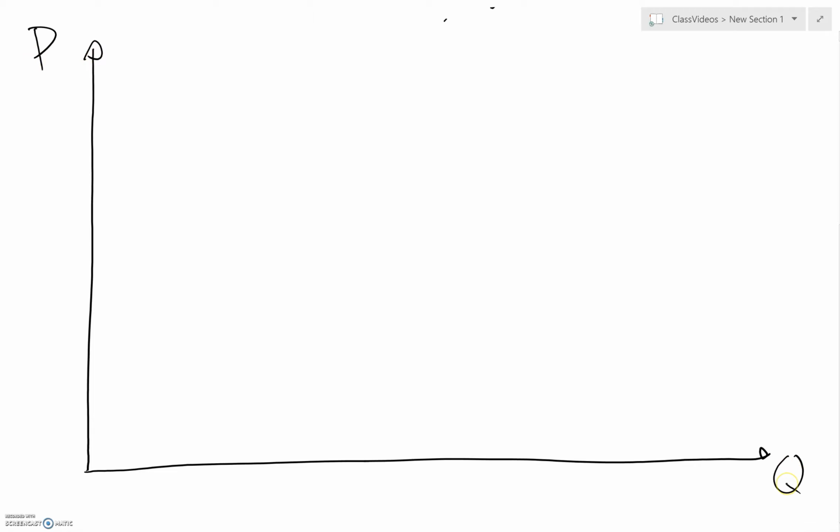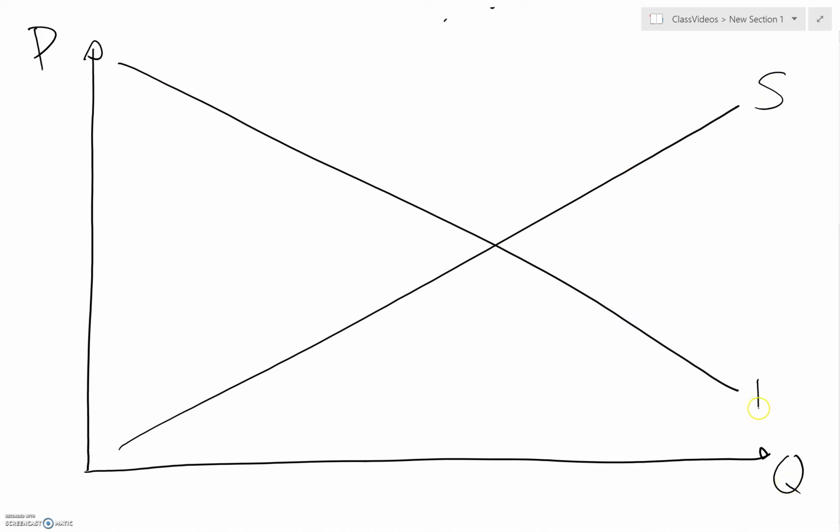Price, quantity, and just for a review, here's supply, here's demand, and the important part for this class is that if the government taxes a market by this amount, then we have the price consumers pay up here and the price sellers receive down here.